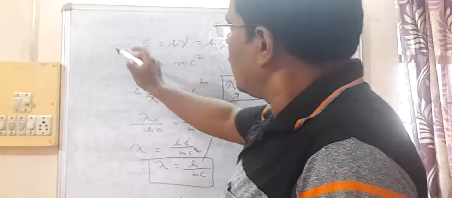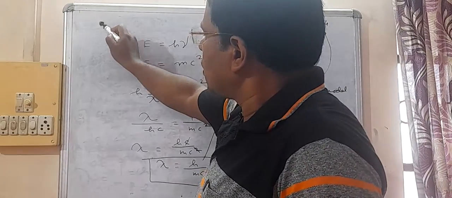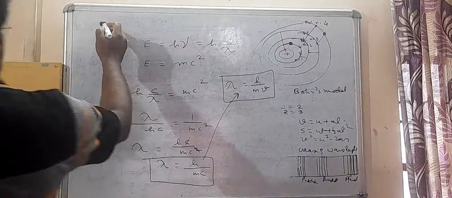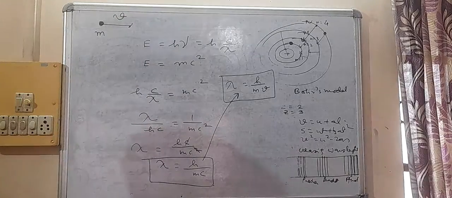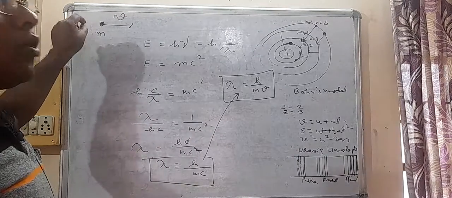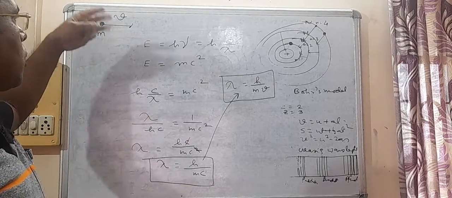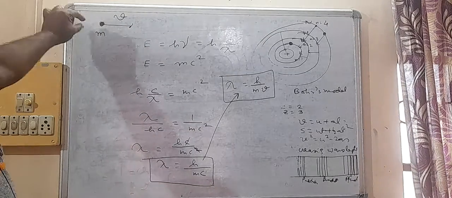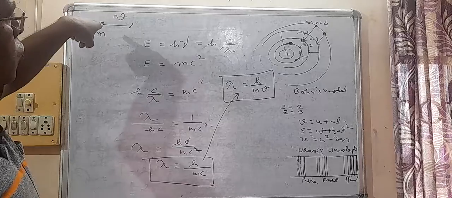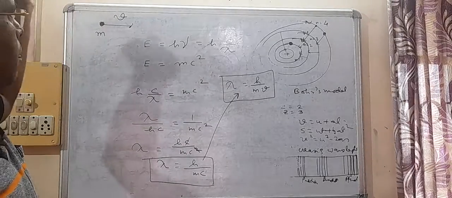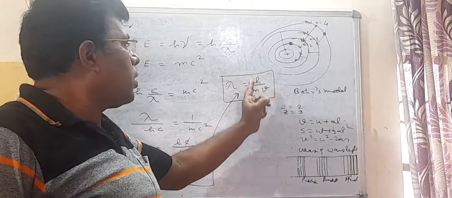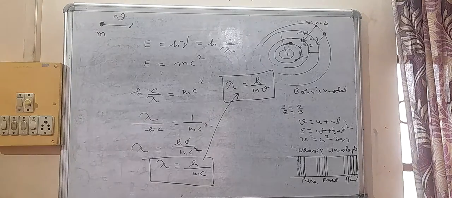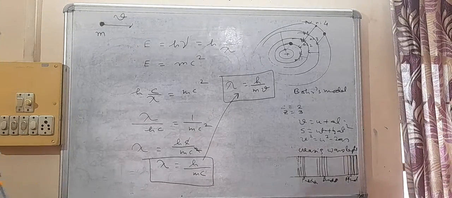Suppose we have a particle of mass m, moving with velocity v. It says that it will be associated with a wave, and the wavelength of that matter wave will be given by this relation. Lambda is equal to h by m v, where h is the Planck constant, m is the mass of that particle, and v is the velocity.